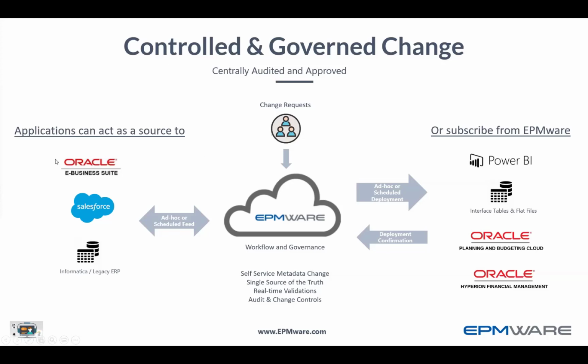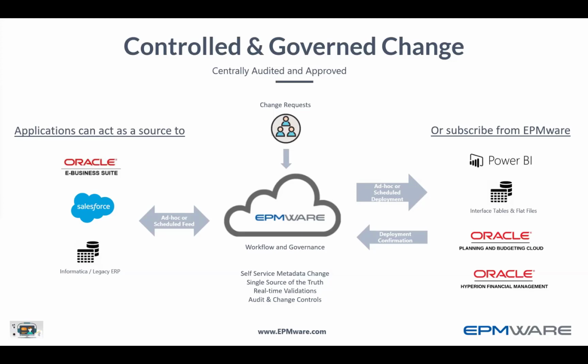So for EPMware, we can have metadata that acts as a source. You can have that metadata load into EPMware, or users can log in and author metadata directly within an EPMware request. It depends on how the application environment or landscape at an organization resides, or what the workflow and governance process is.